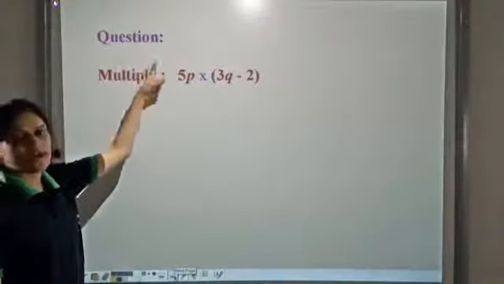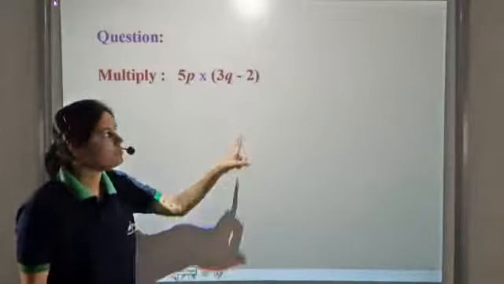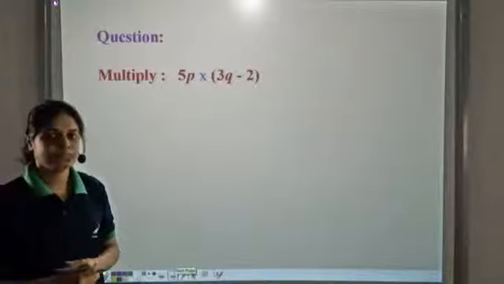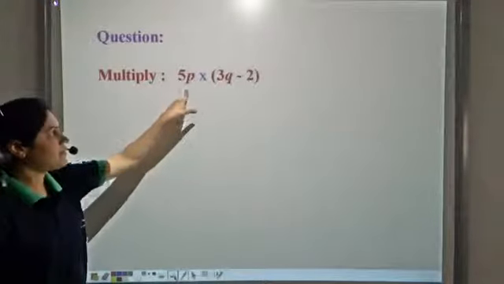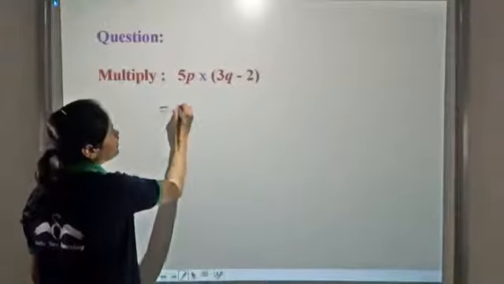So let us solve a question. Multiply 5p with 3q minus 2. So this is a term.